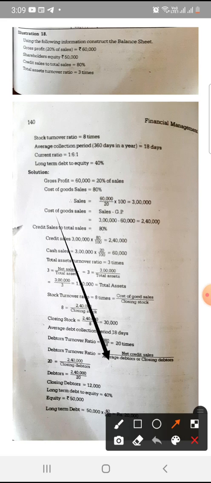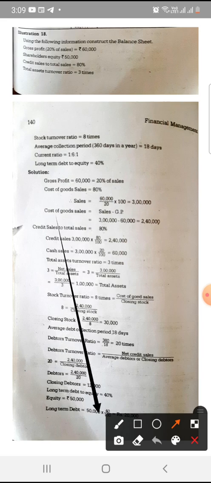Debtors turnover ratio is net credit sales divided by average or closing debtors. So it is 2 lakh 40,000 divided by closing debtors, that is 2 lakh 40,000 divided by 20. So closing debtors is 12,000.